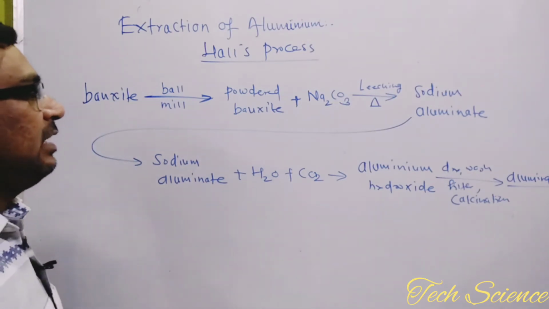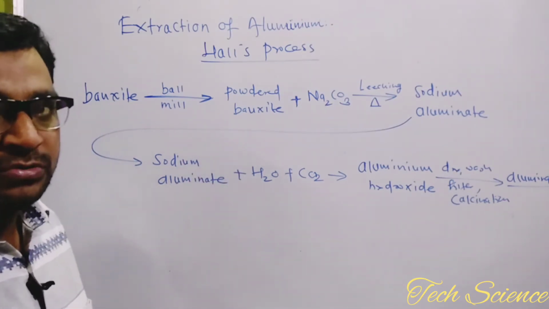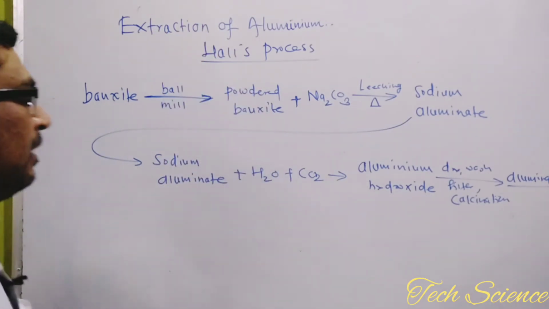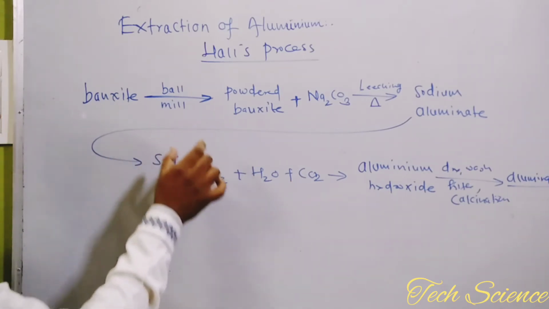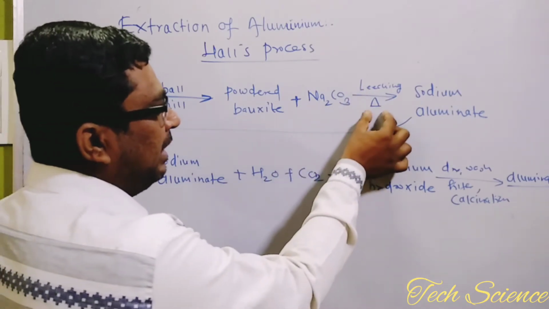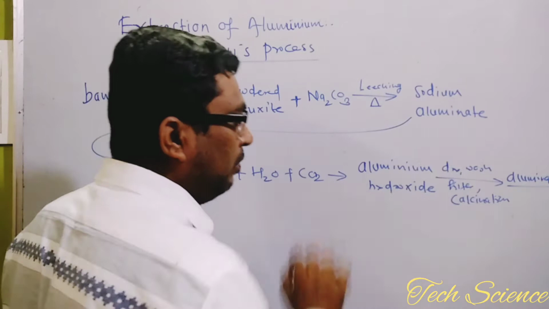This is exactly the first point. It is called concentration of bauxite ore using Hall's process. So again I am repeating. First of all, take bauxite, use a ball mill to convert it to powder, and apply the leaching process in a digester by heating it with sodium carbonate. You got sodium aluminate as output.